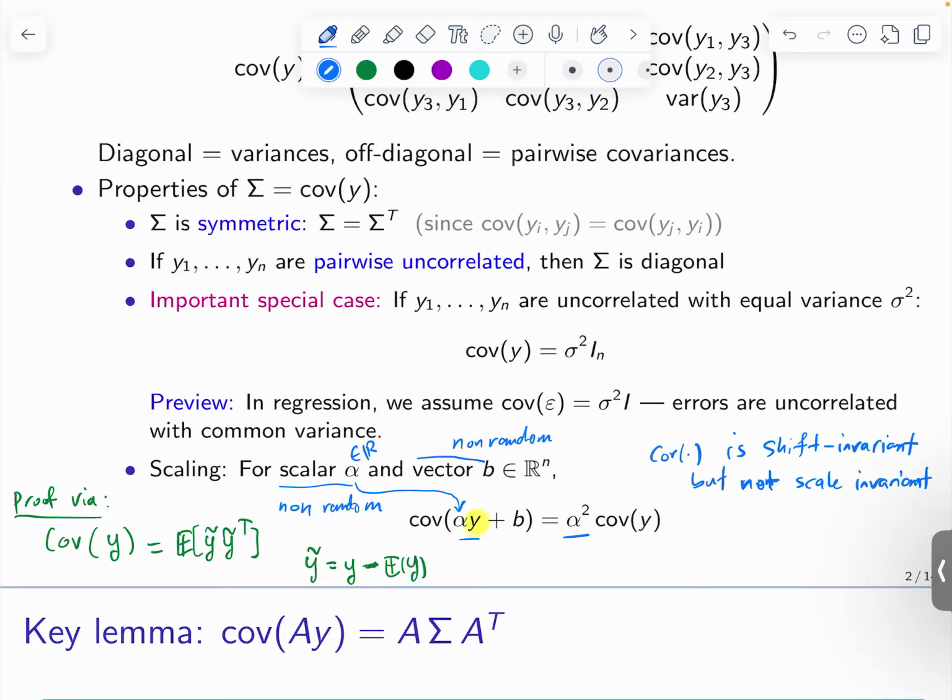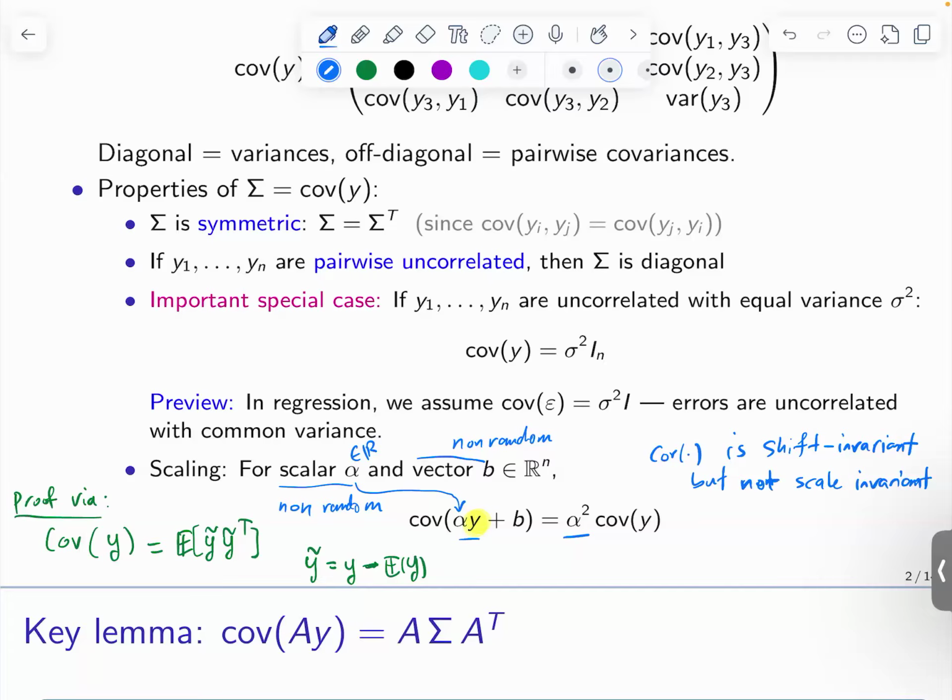Anyone? There is covariance, and then there's some other quantity which is very much related to the covariance we discussed. Divide by certain things. Correlation. Correlation is scale invariant.